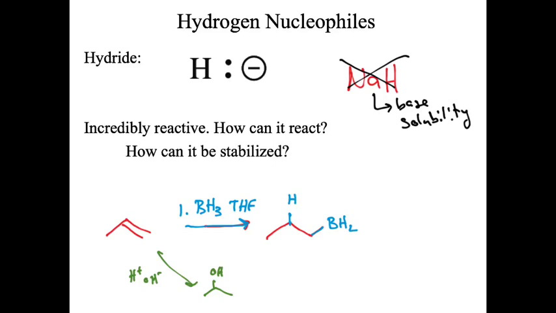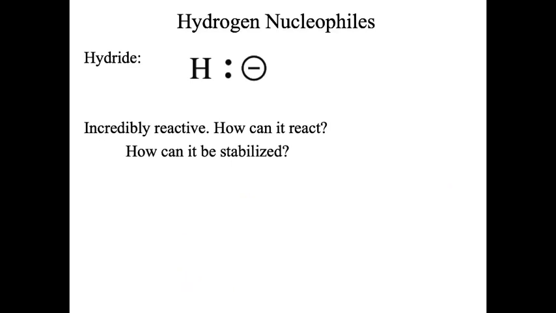Oh, and then you need H2O2, OH minus. Of course I picked the wrong one. So now you're like, oh yeah, that was a good review. That didn't add hydride at all. You're right. Sorry. Let me try that again.